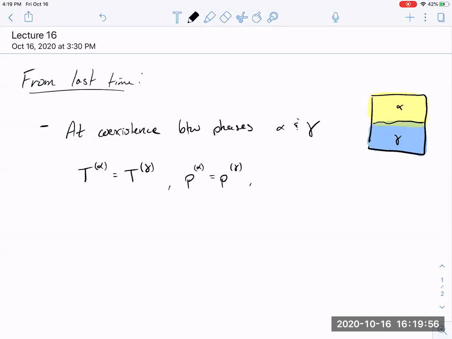And finally, that the chemical potentials are the same. If there are many components in those two phases, the sharp statement we have to make is that the chemical potential of each component in each phase is equal.